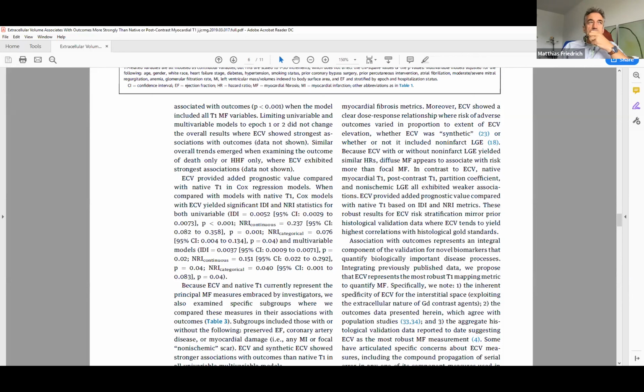Because let's not forget, for some countries and some centers, ECV, where the contrast agent is a problem, not only because of potential allergic reaction and kidney failure, but also sometimes the costs are pretty high when compared to the US, for example. So, could you think about a scenario where a high T1 would be good enough for you, and you would not go for the ECV? That was a question to me.